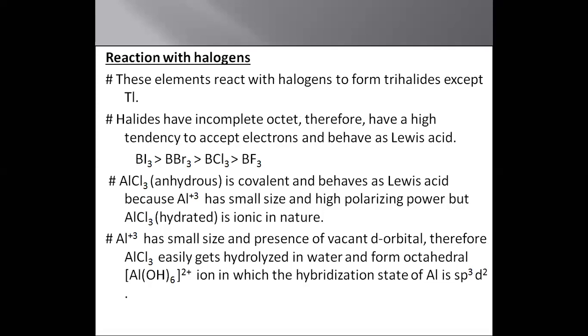Therefore, aluminium chloride can easily get hydrolyzed in water, giving an octahedral structure by forming the complex Al(OH2)6, in which the hybridization state of aluminium becomes sp3d2. So in this way, it can extend its structure.